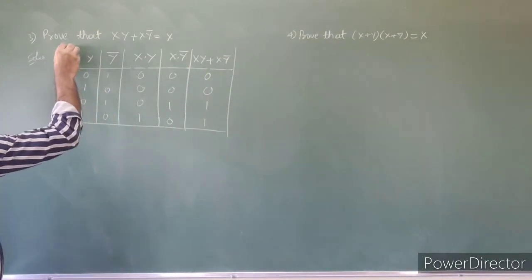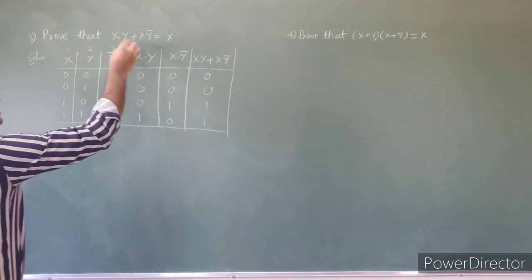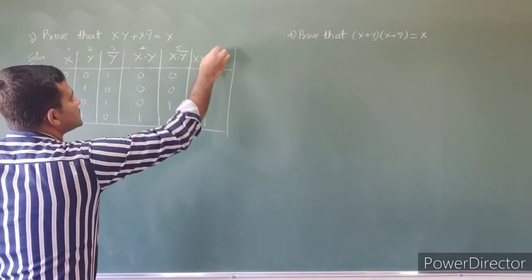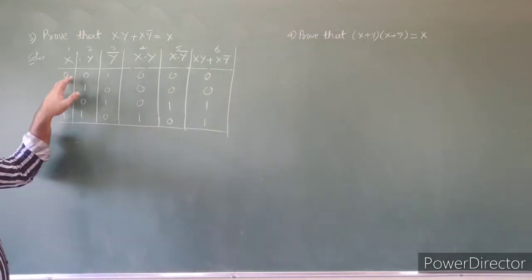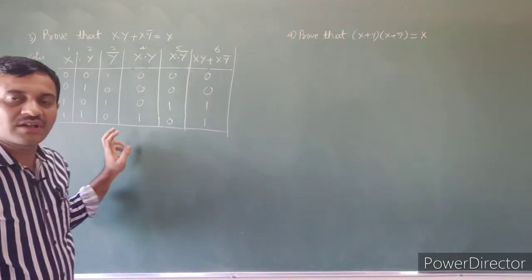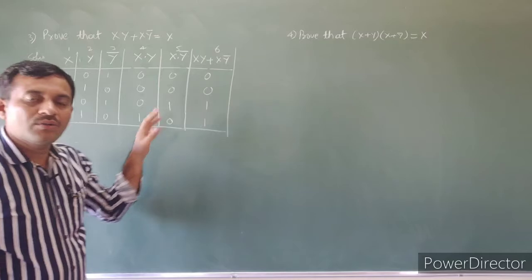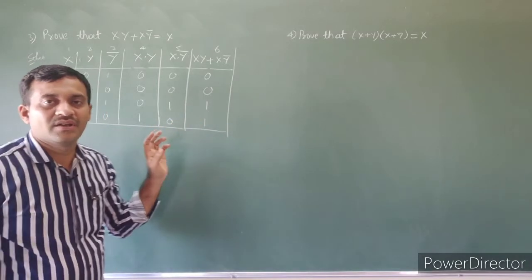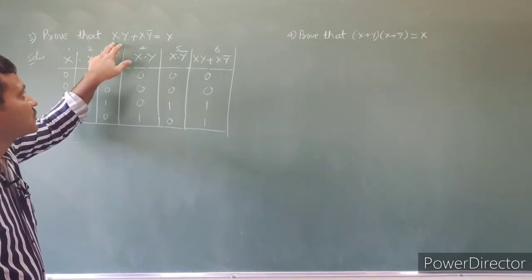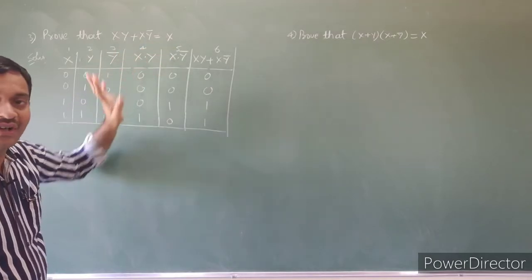Then let's label the columns 1, 2, 3, 4, 5, 6. Then observe the column number 1 and 6. All values are same.